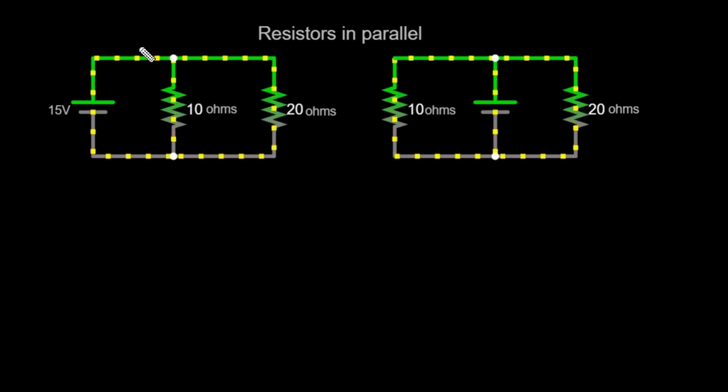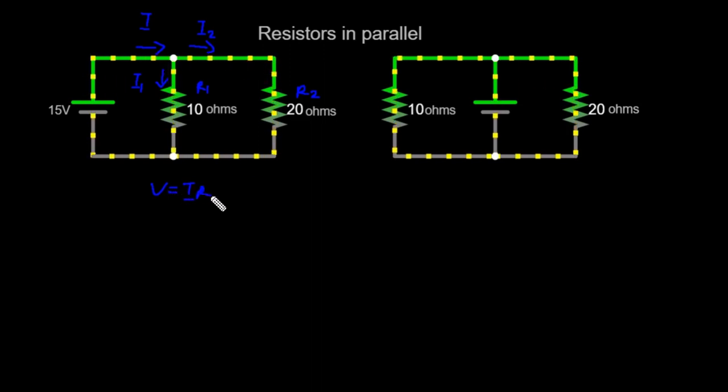Looking at this, you see that the current from the source, which is named I, gets split here into I1 and I2, where I1 is flowing through the 10 ohms and I2 is flowing through the 20 ohms. I'm going to name the 10 ohms R1 and the 20 ohms R2. From Ohm's law, we know that voltage equals the product of current and resistance.